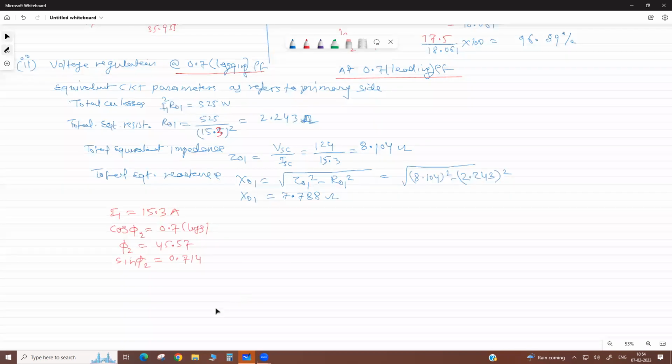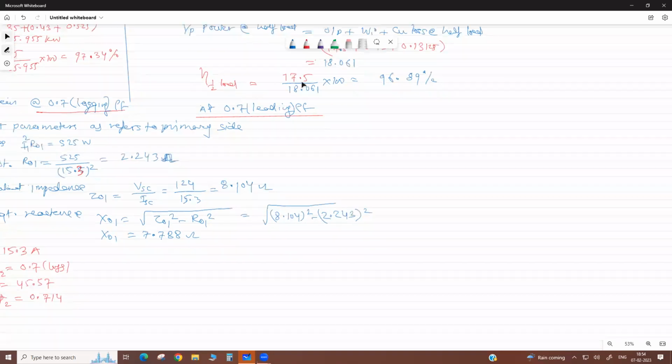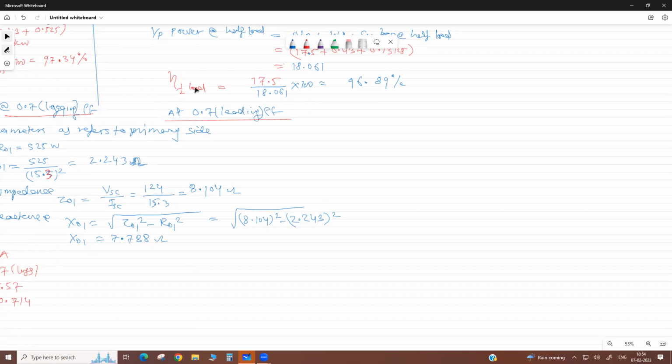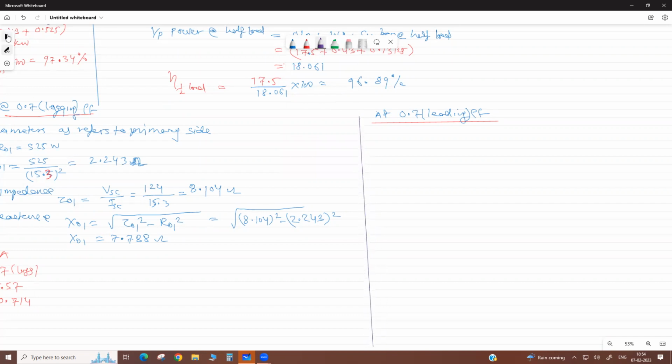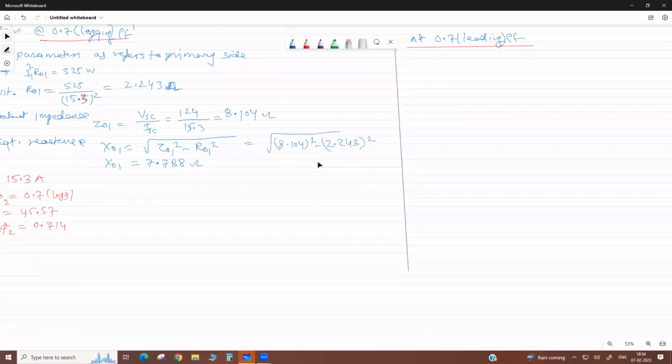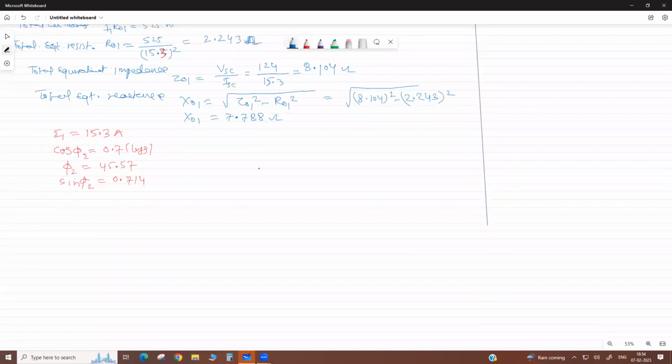Now, as we have drawn the circuit, what is the equation directly?